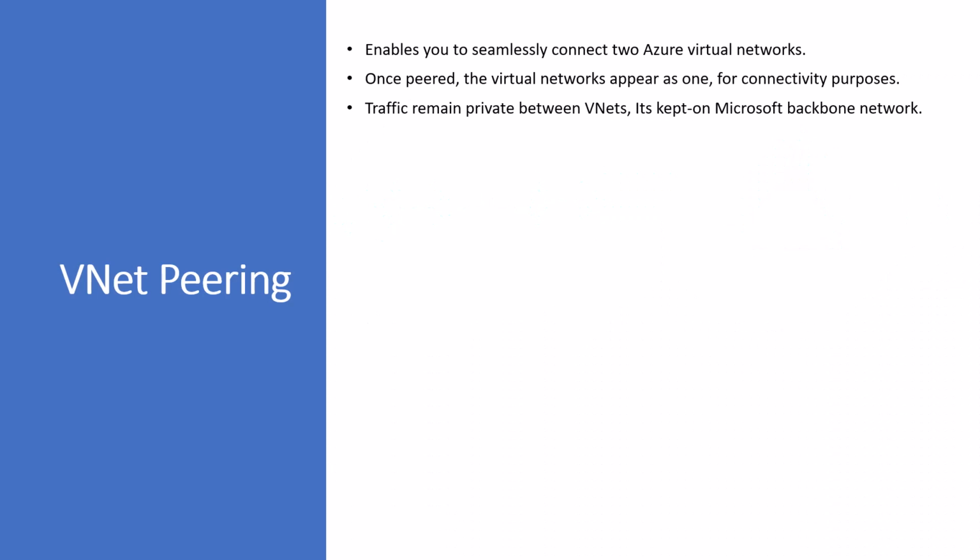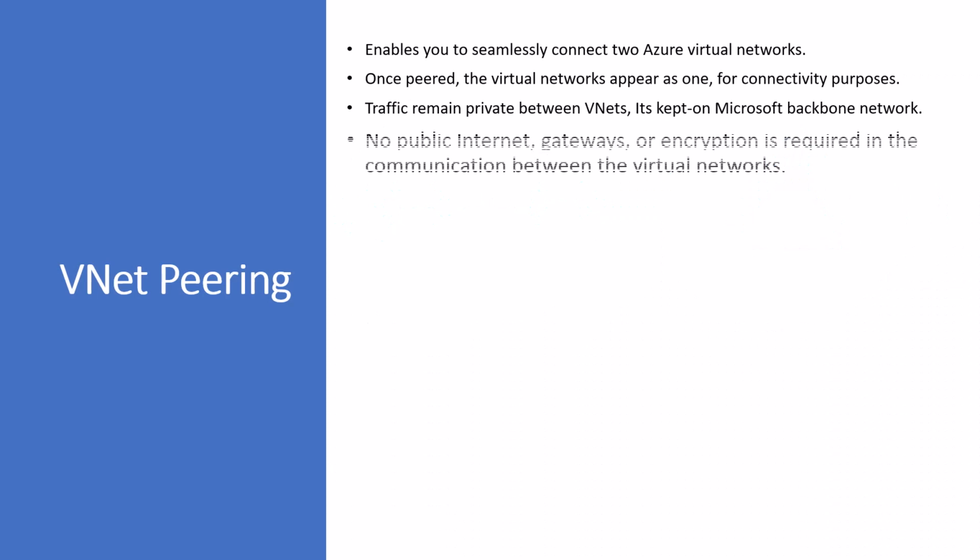While this is happening, the traffic remains private between those VNets. It never leaves the Microsoft backbone. It stays on the backbone itself, so it's pretty fast. And a very important thing: this peering does not require the public internet, no gateways, and no encryption in the communication between the virtual networks. So that's very important. Remember, guys.